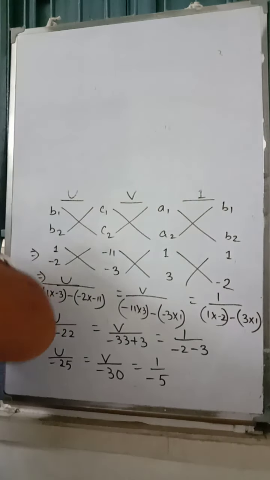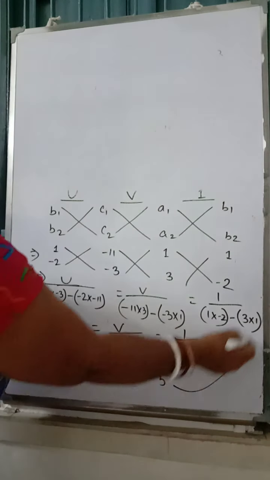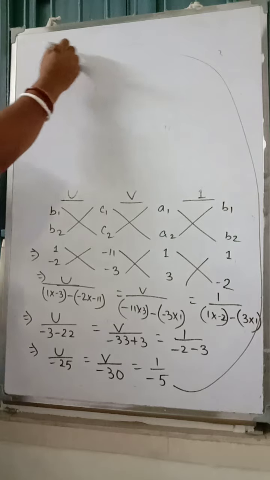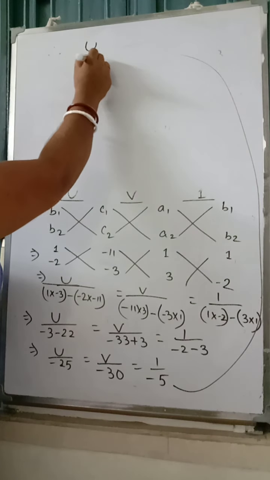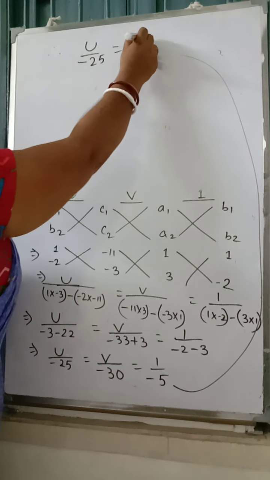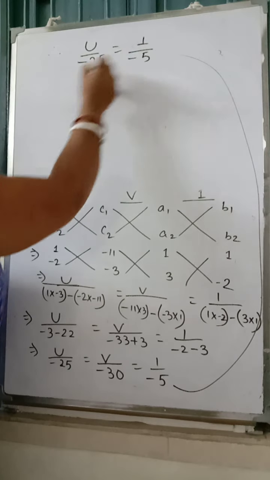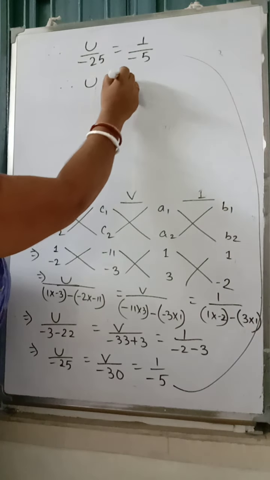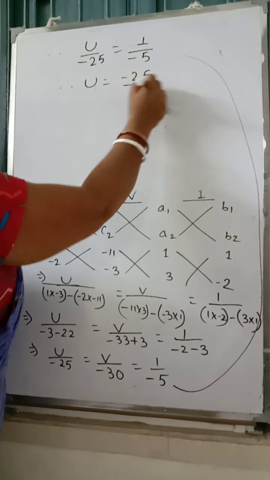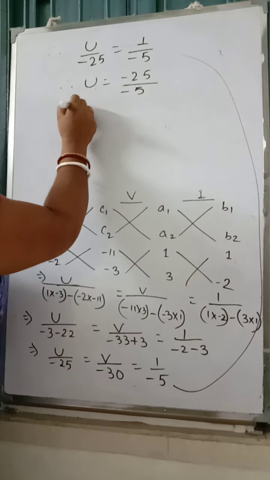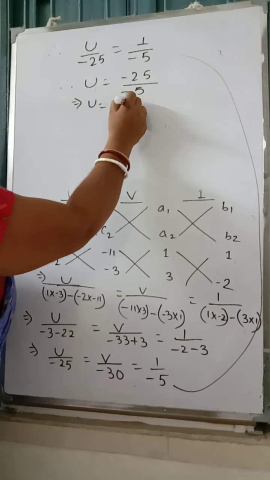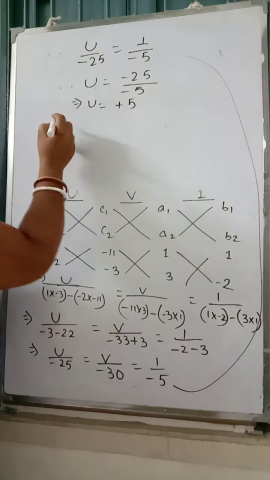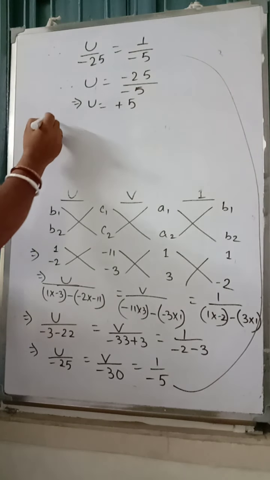Okay. Now, once we get this, we can write u by minus 25 is equal to 1 by minus 5. So u is equal to minus 25 by minus 5, or u is equal to plus 5.